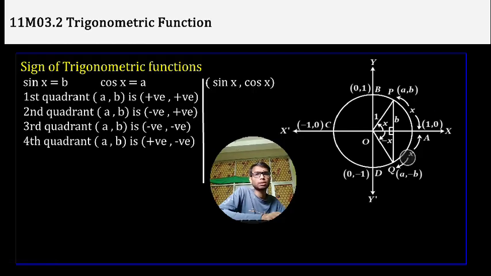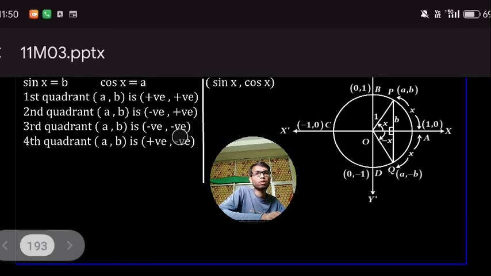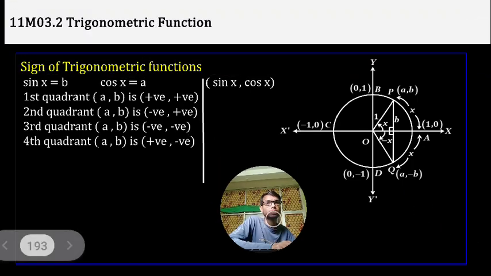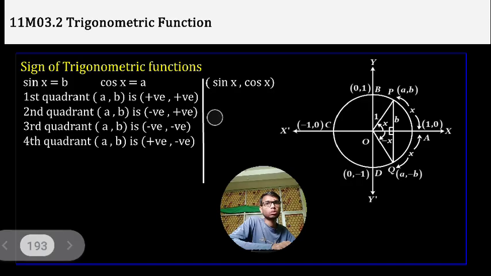A is cos and b is sine. Clear? All these are cos and all these are sine. With the help of this, we can understand further. All these are positive, so all the trigonometric functions in this quadrant will be positive. But in this quadrant, only sine and cos will be here.